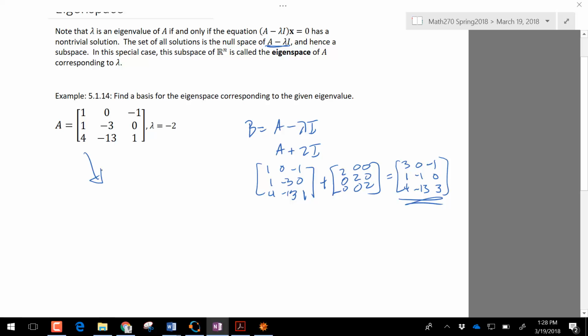I remember how to find the null space. It's all the vectors that get sent to 0, right? So it's like this thing with the 0 augmented. So let's just row reduce that. 3, 0, minus 1, 1, negative 1, 0, 4, minus 13, 3. Negative 3?